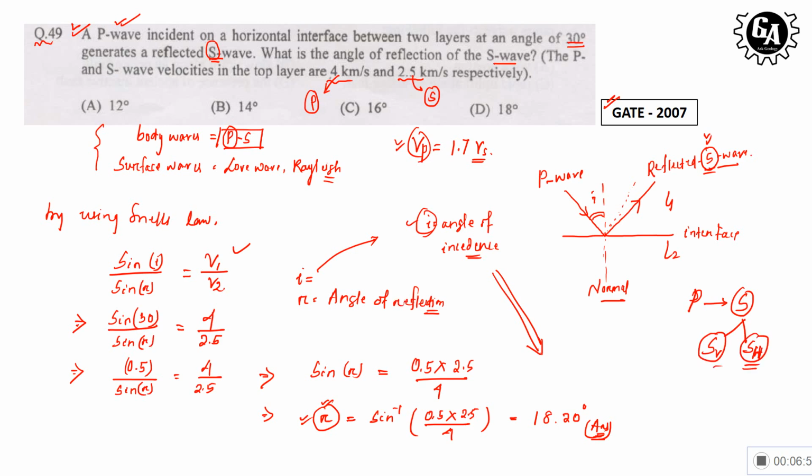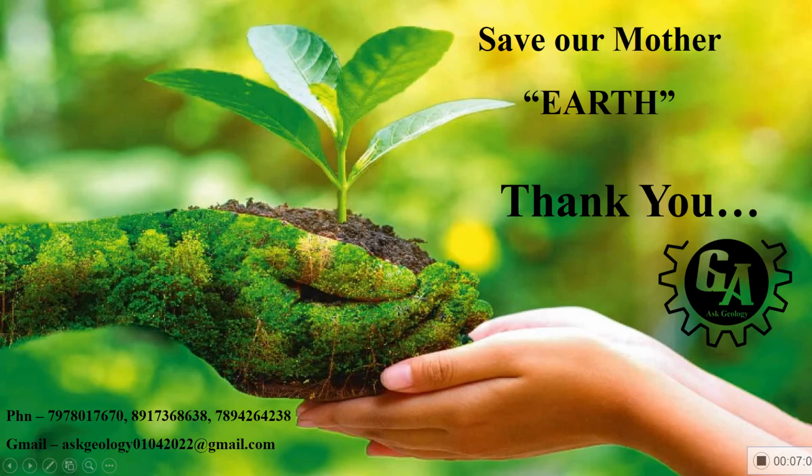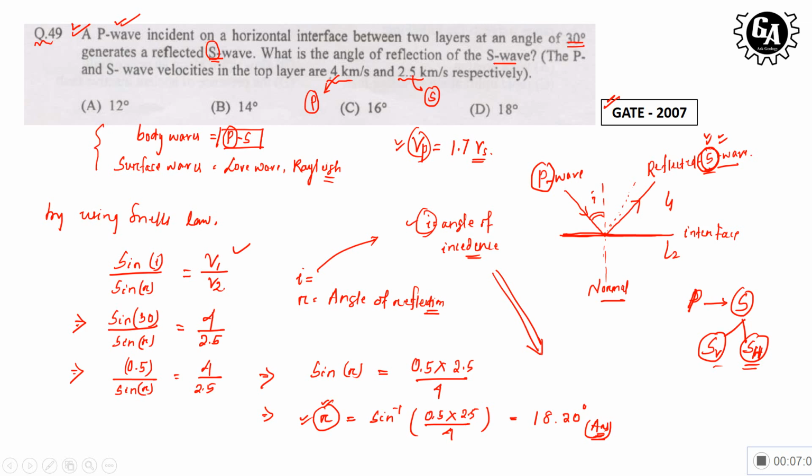P can change to S, and S can change to P along this reflection interface. And another thing, in simple reflection, the angle of incidence is 30, but here the angle of reflection is changing.